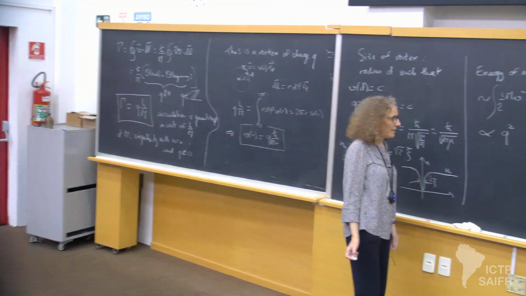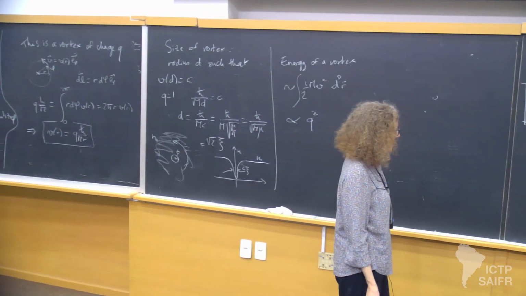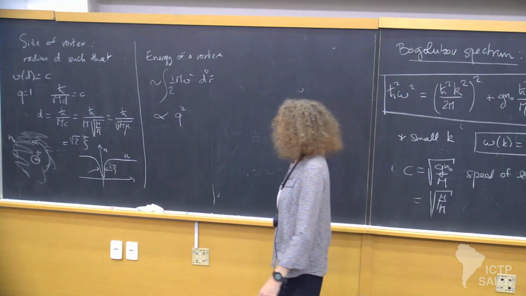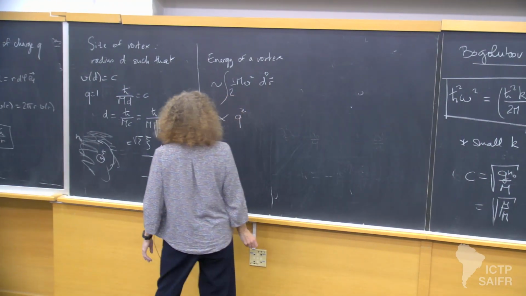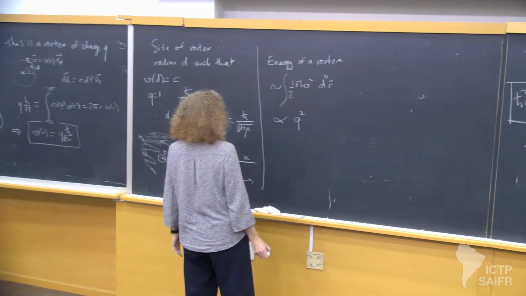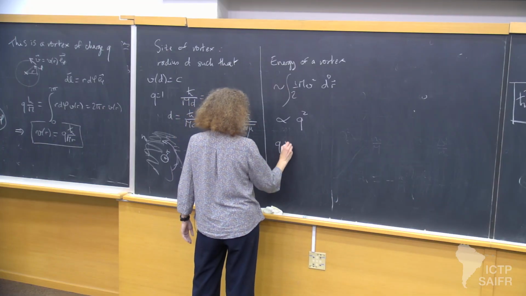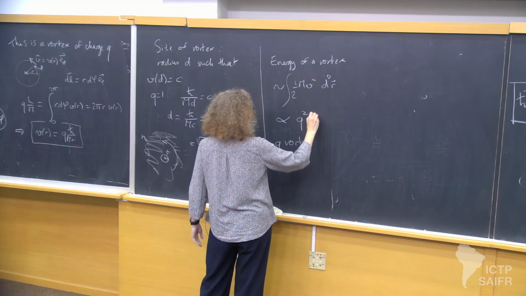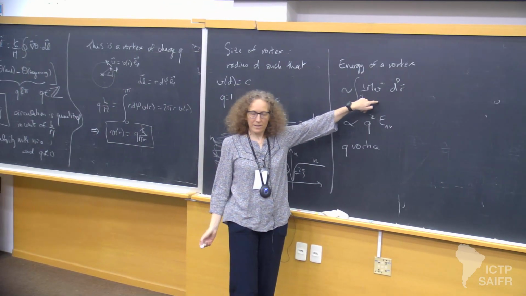Whereas if you have, with the same velocity, q different vortices, then the energy is q only. So this is q squared times the energy of a single vortex, because it goes like v squared.